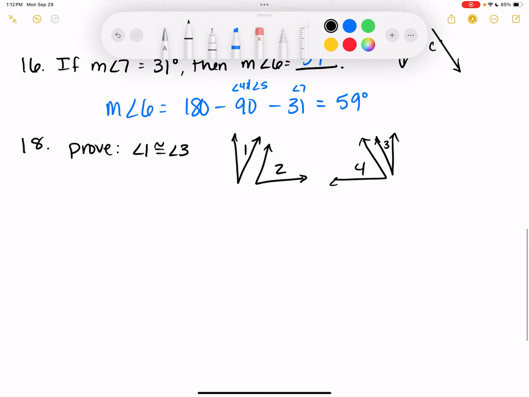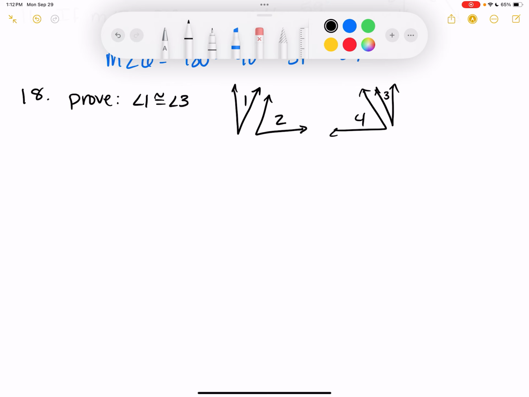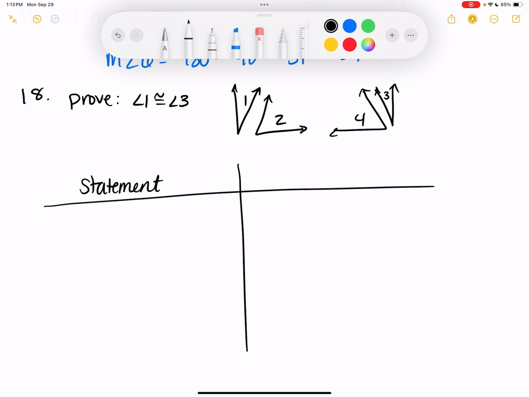All right, so I'm going to fill in over here, same thing I did on the one problem earlier with what the statement is, and then we're going to fill in the blanks for the missing pieces. Statement, reason.